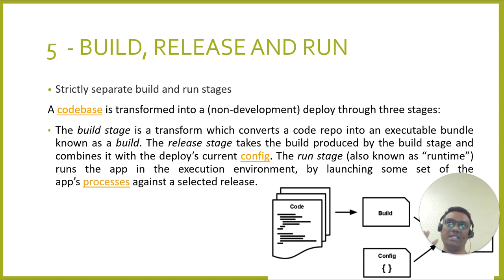So we have build and release, and for running an application, we may depend on Docker and Kubernetes, with Ansible scripts to manage it. So build, release, and run should be separated out.